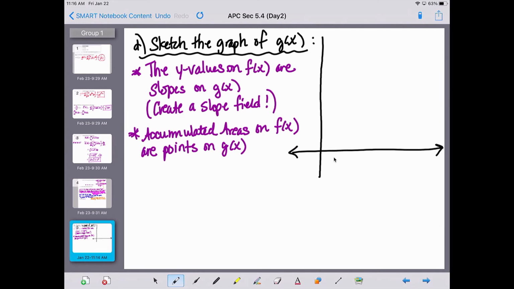So I will go from like 0 to 10 on the x-axis. And I will go from like 0 to 0.6 on the y-axis.